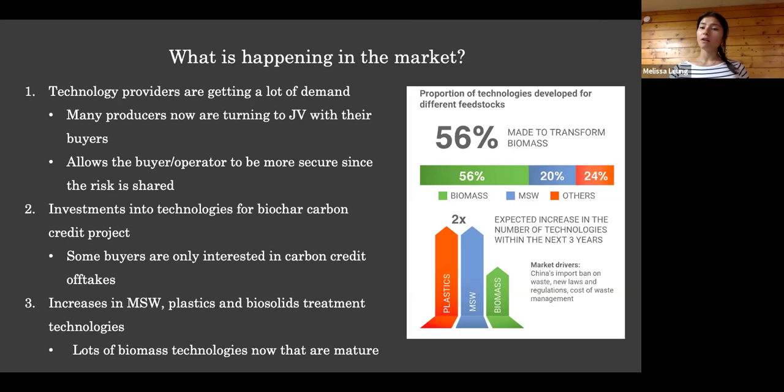There is quite a bit of investment right now that is coming from entities that want to invest into a project that will allow them to offtake the entirety of a potential carbon credit generation. So that's a subject that I know some of you have asked questions about earlier today. I'll be happy to answer some questions, but it's just to kind of position you.